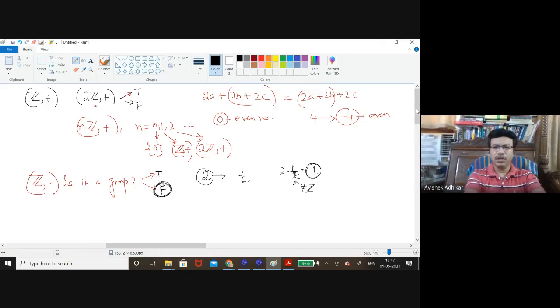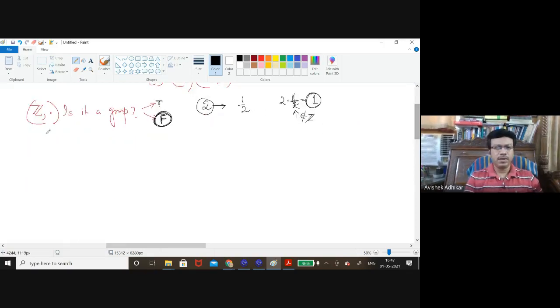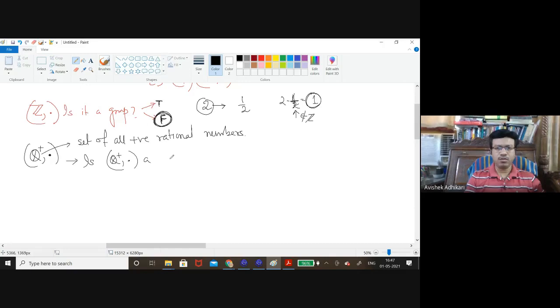Okay. Now let us consider the set of all rational numbers. Let's start with positive rational numbers with respect to multiplication. So this is the set of all positive rational numbers, Q plus, and this is the normal multiplication. Is Q plus with respect to multiplication a group?